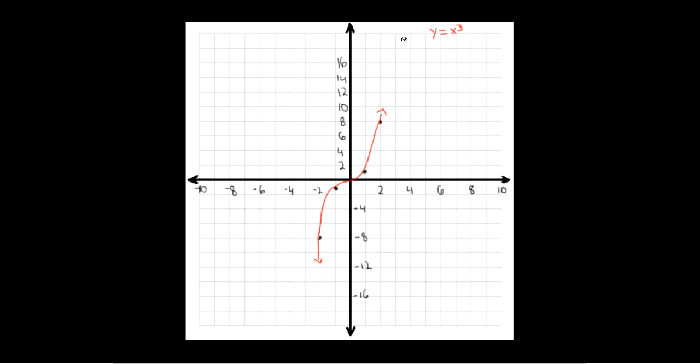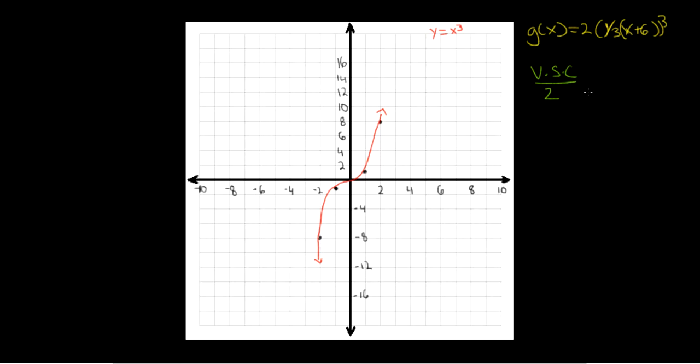We have y, or g of x, is equal to 2 times (1/3 x + 6) cubed. Well, we already have the parent function y is equal to x cubed. Now we're going to start off with the vertical stretch or compression, which is by a factor of 2.